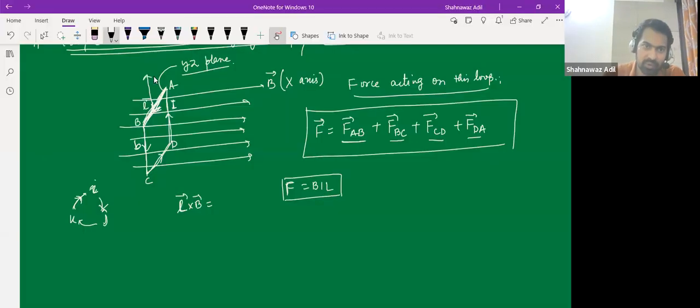So this we understood. In here the magnetic force was upwards from A to B. From A to B, the force was upwards. Now can you guys tell me what would be the direction from B to C?